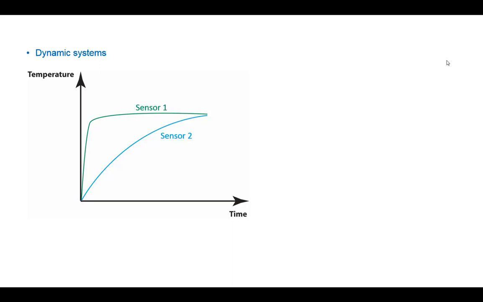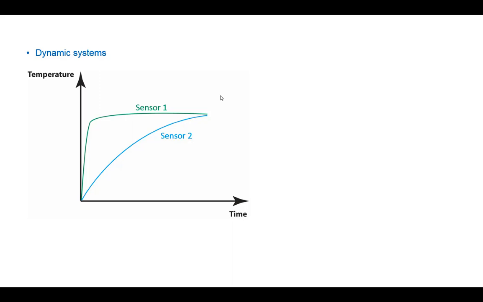So if I don't have a very fast sensor, like sensor 2 here, which takes around 20 to 25 seconds to respond to the change in environment, I would not be able to track the temperature change accurately in the combustion chamber.